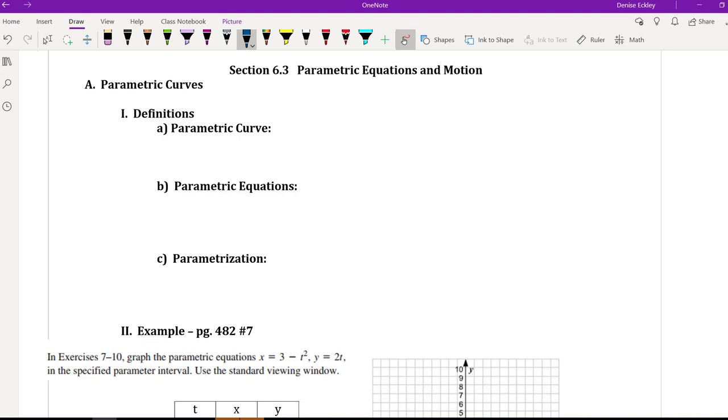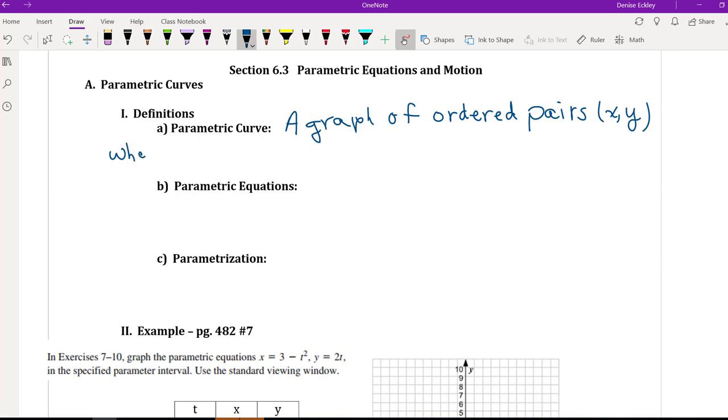So first, a parametric curve is a graph of ordered pairs, and of course our ordered pairs are x comma y, where each of those ordered pairs is defined as a function of a third variable.